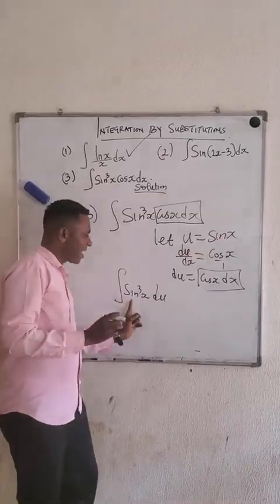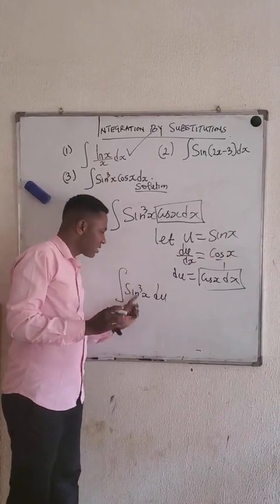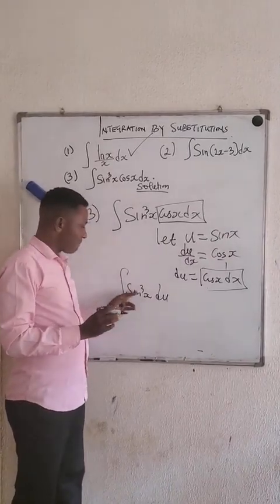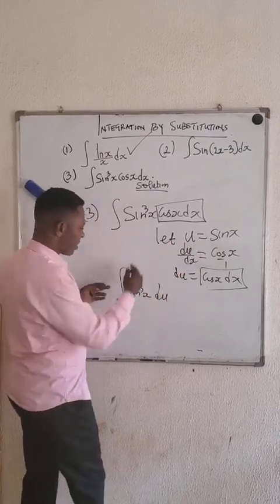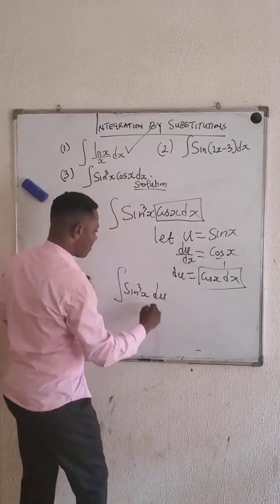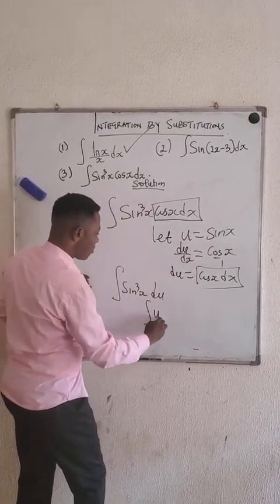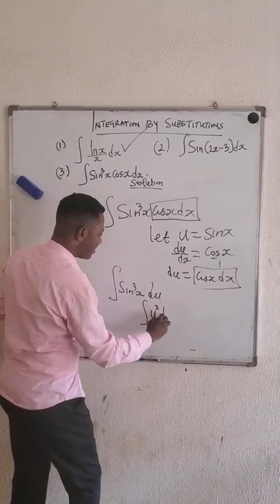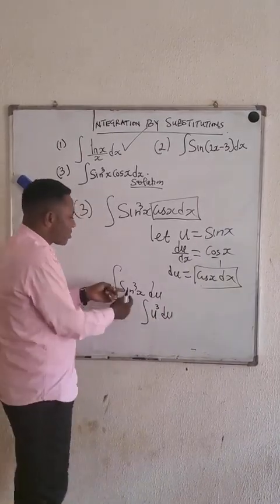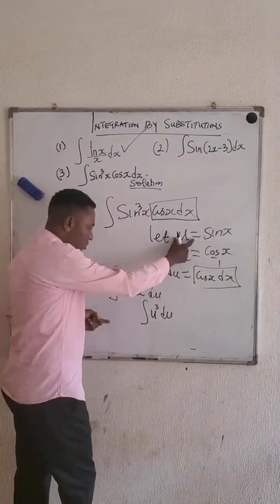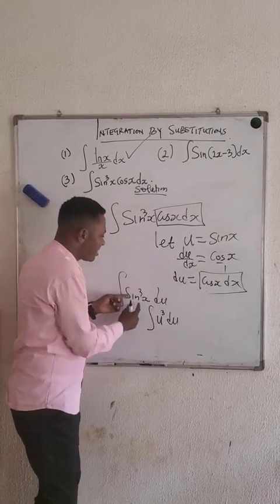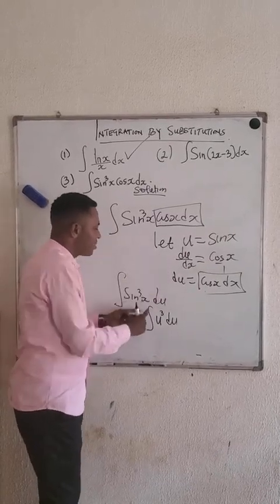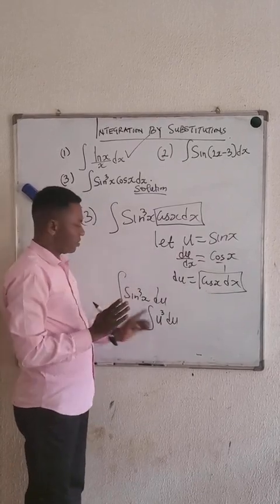And now we have sine power 3, sine cubed x. So if u is sine x, we can rewrite this to be integral u power 3 du. Look at it again, because sine x is equal to u and we have sine cube x. So instead of writing sine cubed x, we just say u cube du.